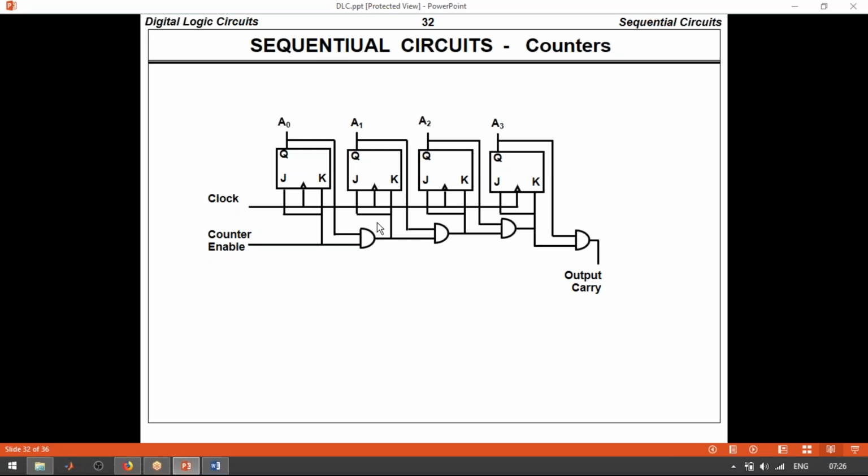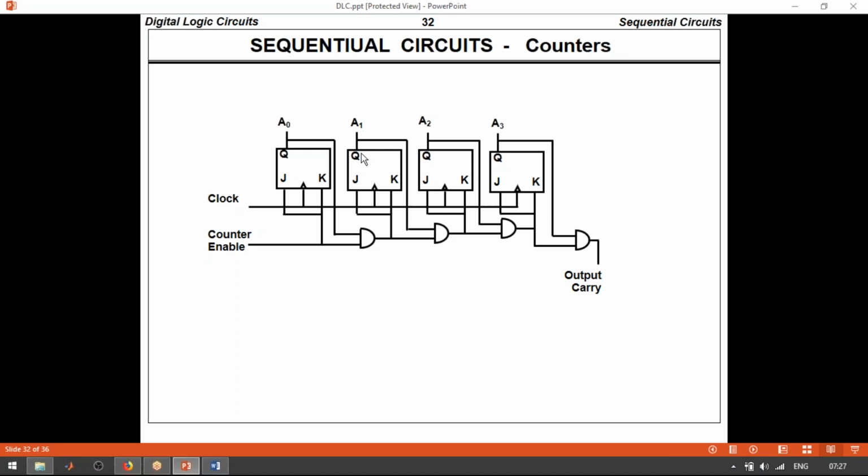So if we are generating like a clock pulse here, the output will be 0 1 0 1 0 1, continuously toggling, and that output will be applied on this JK side.